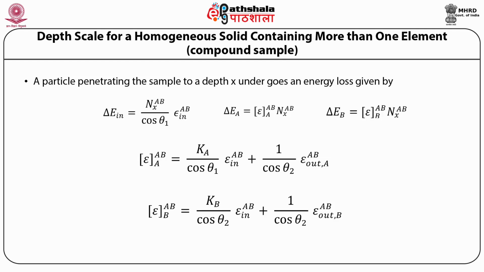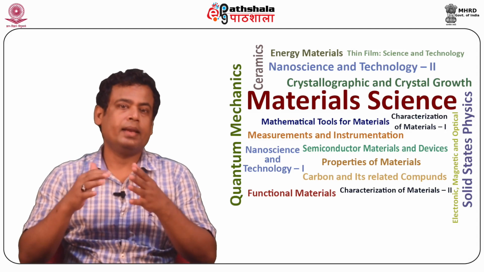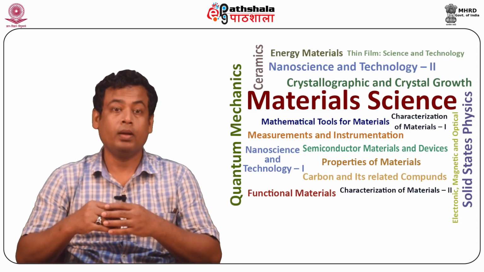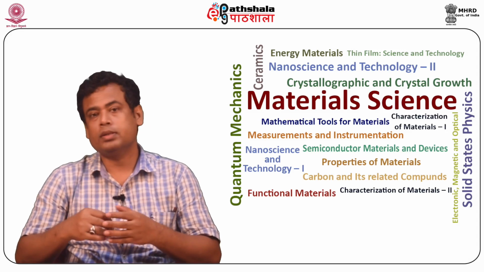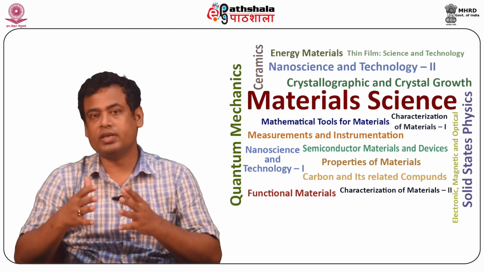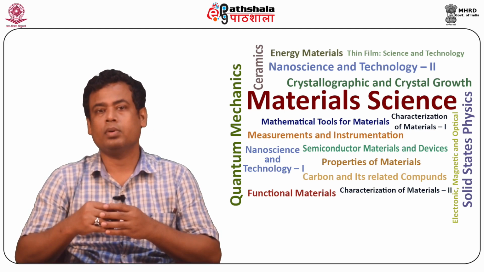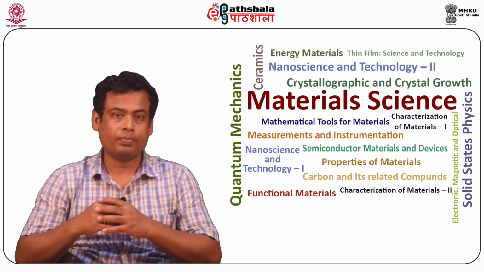So students, let us summarize what we have learned in this module. In this section, we got the knowledge of depth scale analysis with the help of the energy of the detected particle.